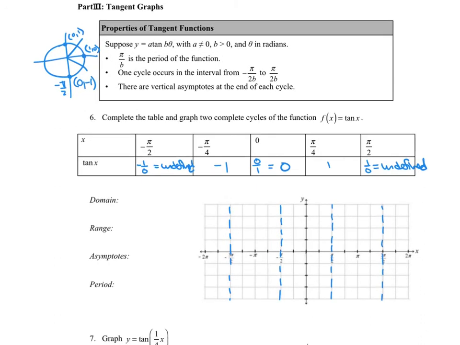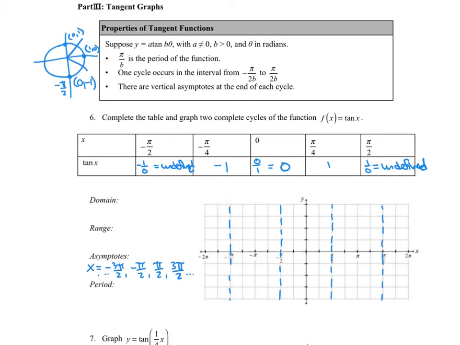So we have vertical asymptotes at x equals negative 3 pi over 2, negative pi over 2, pi over 2, 3 pi over 2, and so on in both directions.